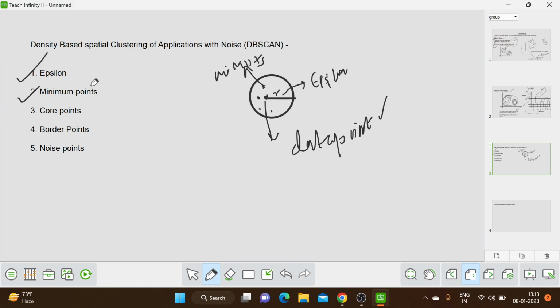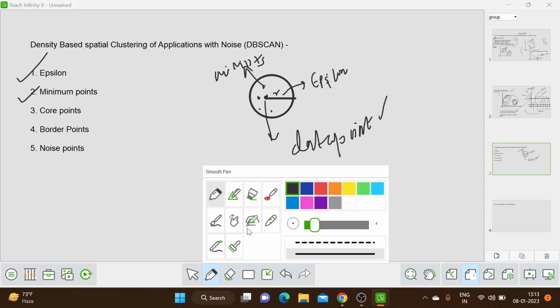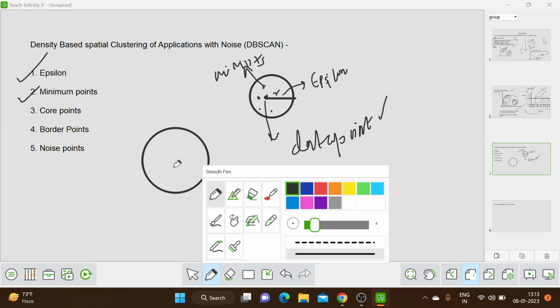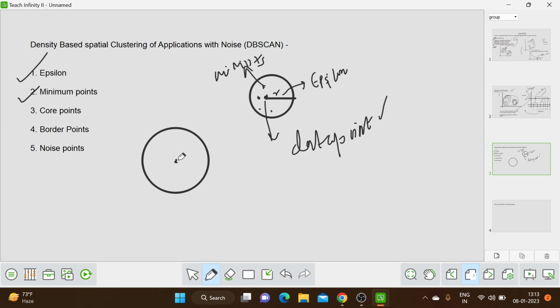So minimum points clear. Next, core point. What is the core point? If I draw a circle, this is my data point, this is my radius, that is the epsilon. I have 4 minimum points, 1, 2, 3 and 4.